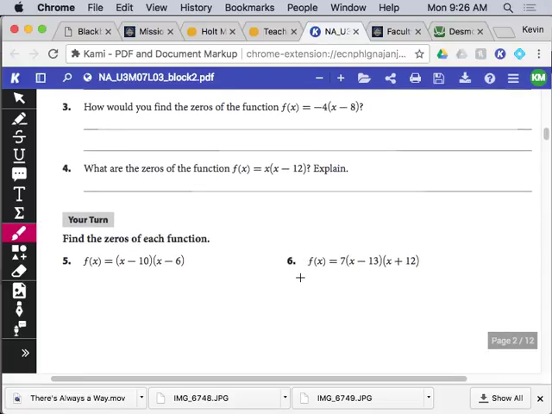Number 3, how would you find the zeros of the function f of x equals negative 4 times x minus 8? This is a really good one. You might be inclined to set them both equal to 0 and say, well, okay, negative 4 equals 0 and x minus 8 is equal to 0, because there's these two different terms here. But what's wrong with this first one? Doesn't have an x.